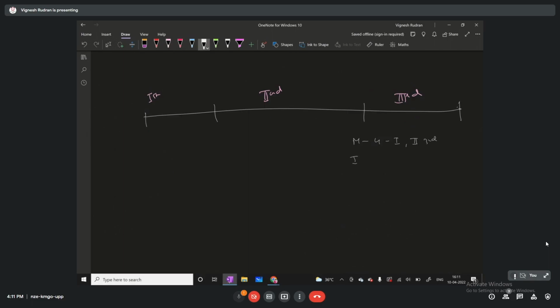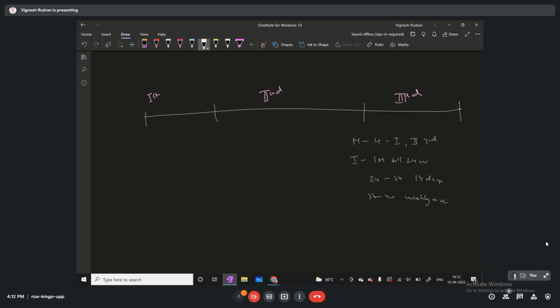Your ideal is going to be once a month till 24 weeks, and then 24 to 36 weeks it's going to be fortnightly, once in 14 days. Then 36 to 40 weeks is going to be weekly.